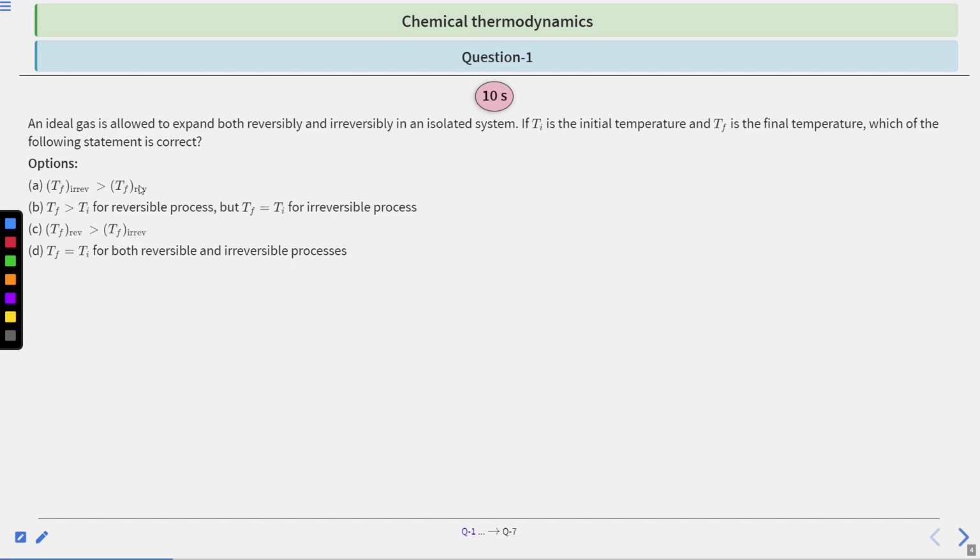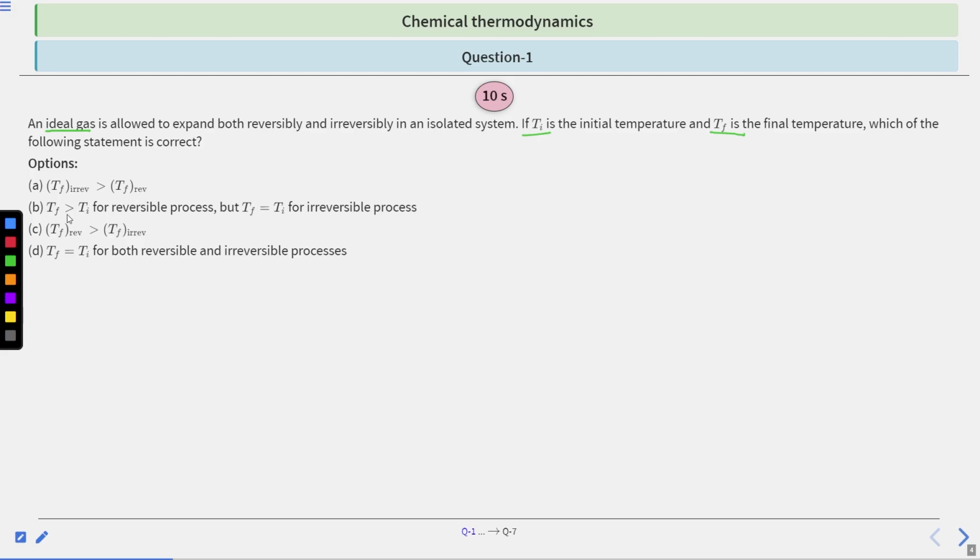Given that Ti is the initial and Tf is the final temperature of an isolated system, and in this question it is mentioned that this ideal gas is performing expansion. So your options are: T final of the irreversible process is greater than T final of the reversible process.